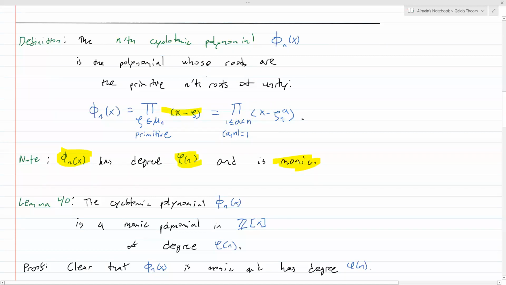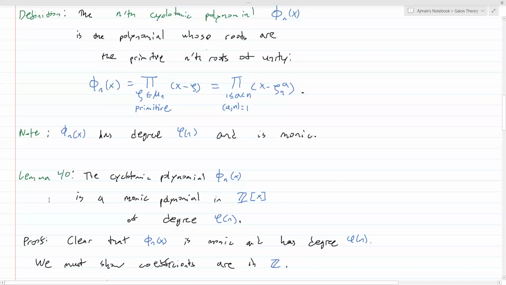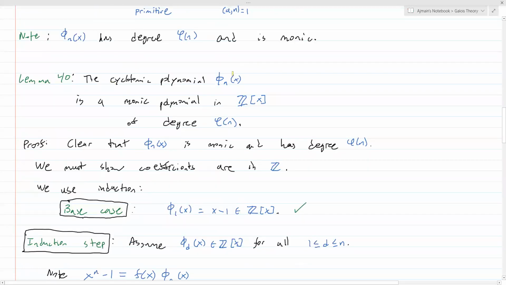It has degree phi of n because you're taking a product of phi of n monomials, and it's monic because all of these x's have a coefficient of 1, so the leading term, x to the phi of n, has a coefficient of 1. And the lemma is that the cyclotomic polynomial phi n is actually a monic polynomial with integer coefficients and has degree phi of n.